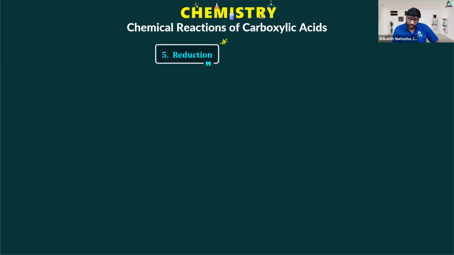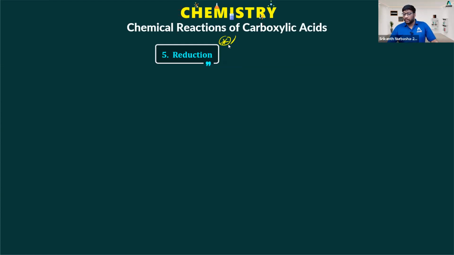Then the reduction of carboxylic acids: can it be done with LiAlH4? Yes, LiAlH4 can reduce all polar functional groups containing polar pi bonds.